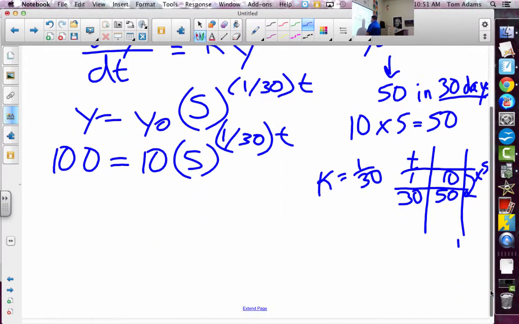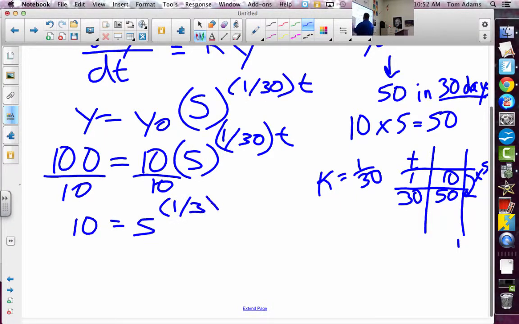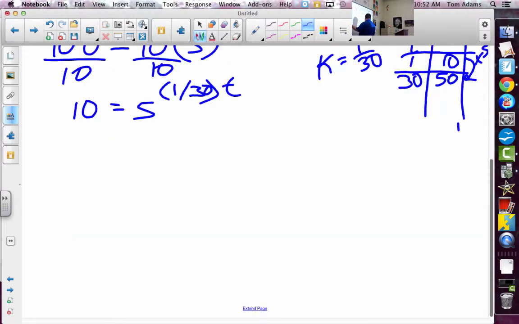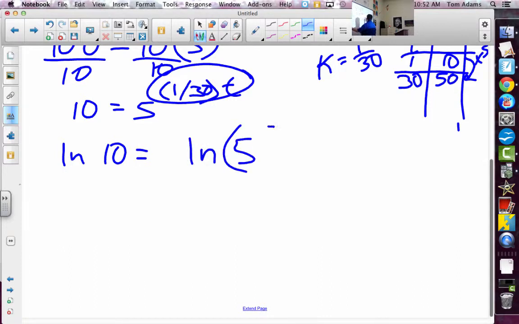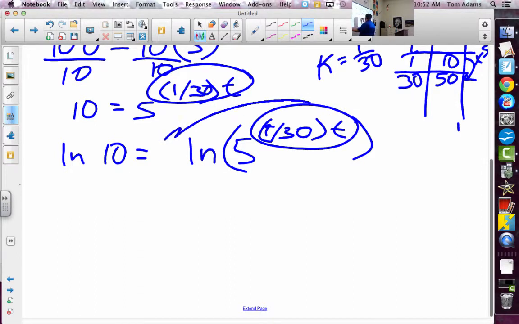All right. So now this is just pretty much pre-calculus. If I divide both sides by 10, I get 10 is equal to 5 raised to the 1 over 30 times t. Well, I don't like t being in the power of base 5, so I'm going to take the natural log of both sides. The property of natural logs will allow me to take this exponent and toss it to the front.